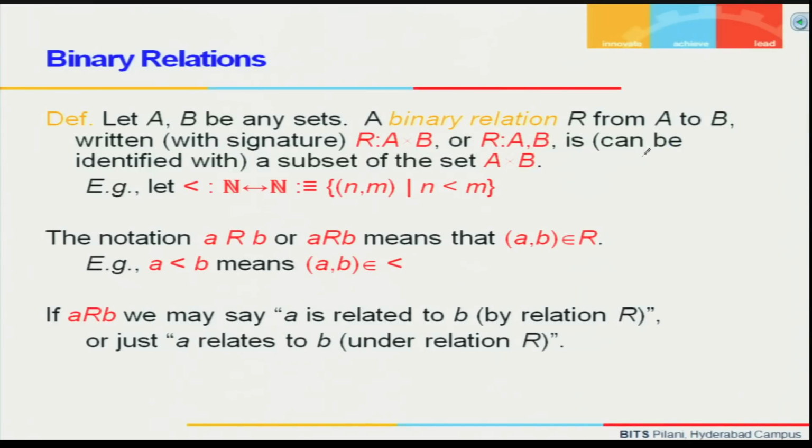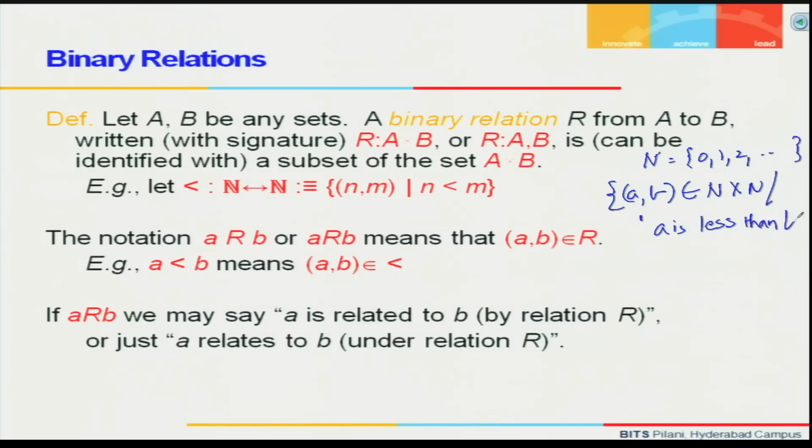Say if n is the set of natural numbers running from 0, say I include 0 in it, I define a relation like this: the set of all (a, b) belonging to n cross n such that a is less than b.